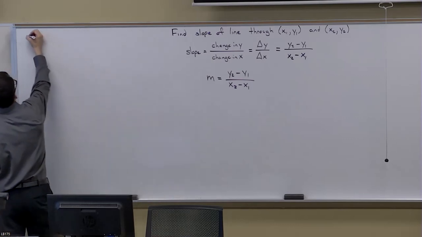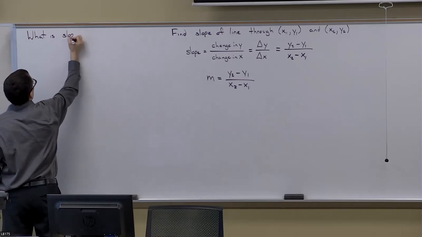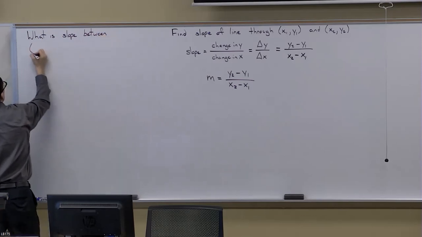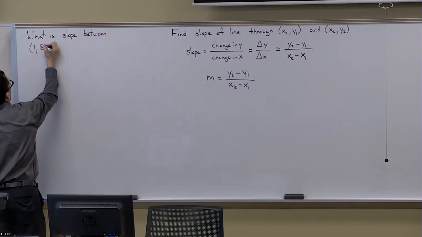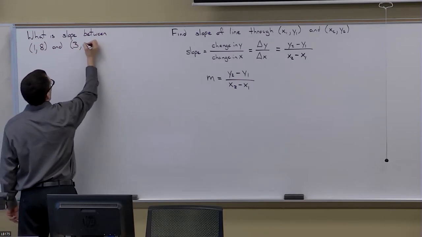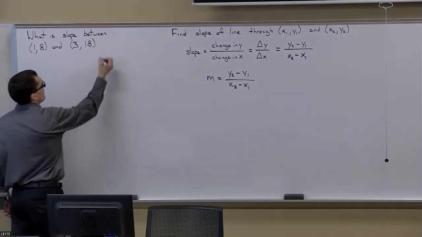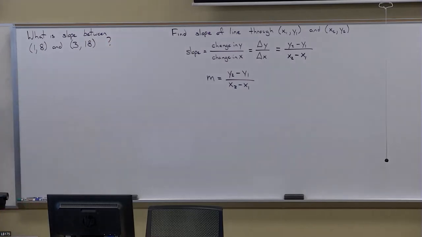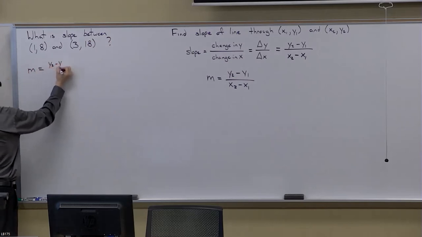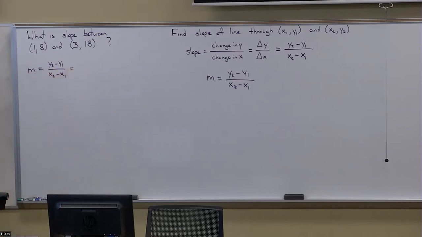So let's just apply this. What is the slope between, let's do this point, (1, 8) and (3, 18). So we have 2 points.